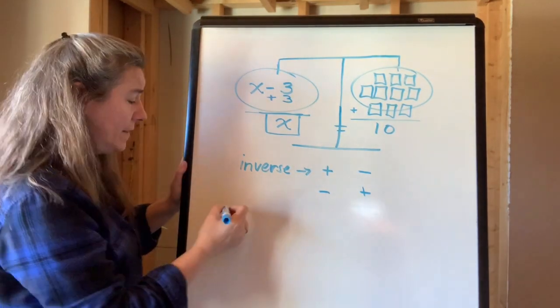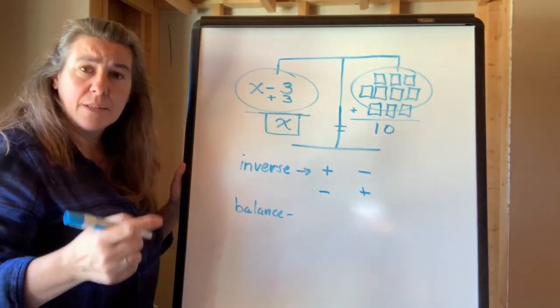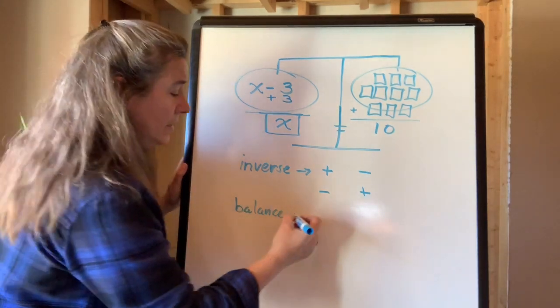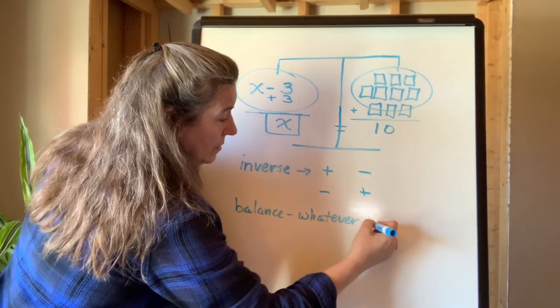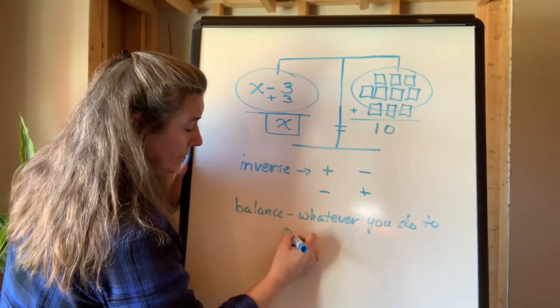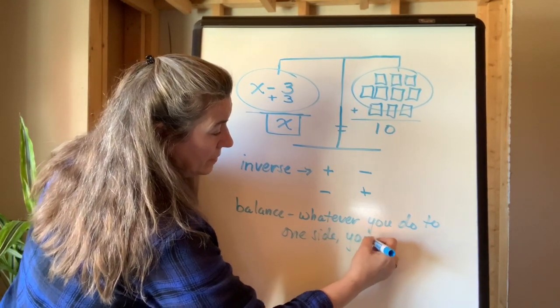Okay, so that's one. And then this other concept of balance, which means that what you do to one side of the scale, you do to the other. Whatever you do to one side, you do to the other.